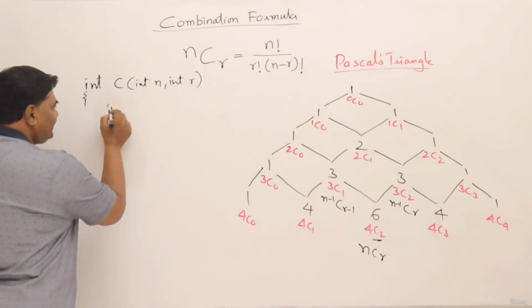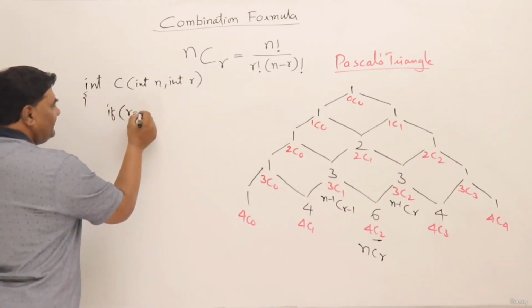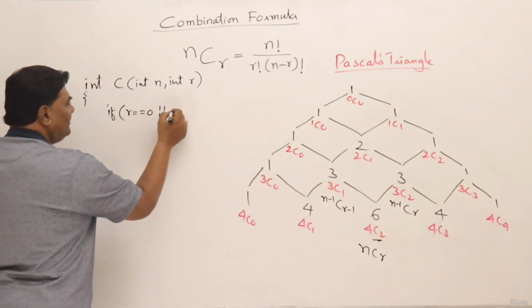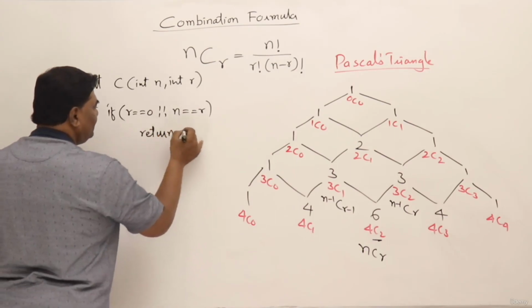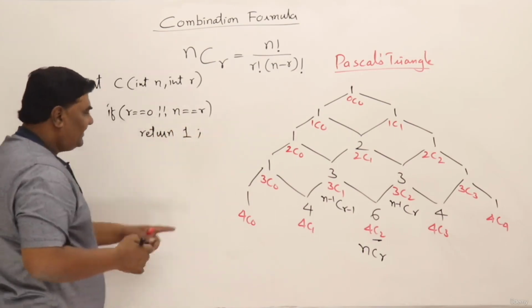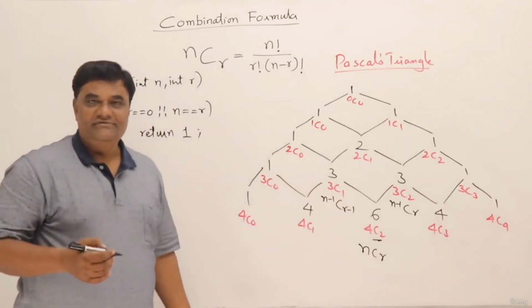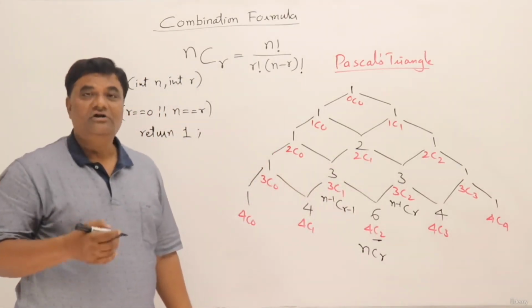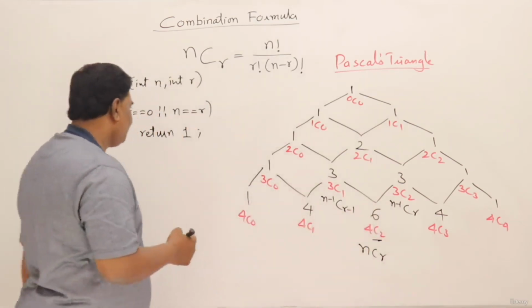So extreme points, those are 1 always. When r is equal to 0 or n is equal to r, return 1. So for small values, these are the small values, 1 are the small values. And when it is 1, if r is 0 or n is equal to r.